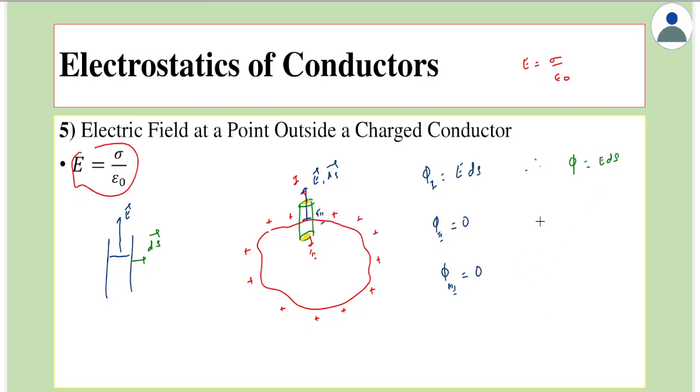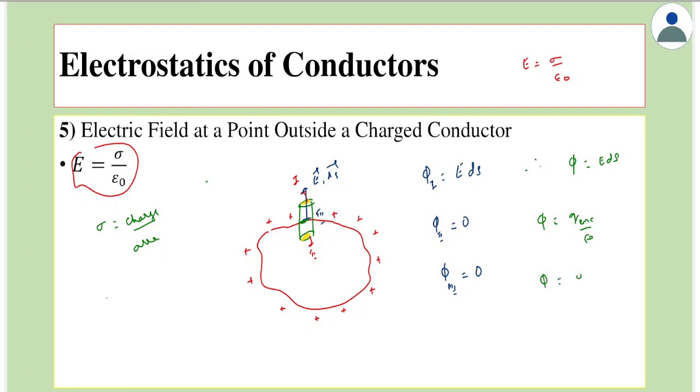But from Gauss law, the flux is equal to charge enclosed by epsilon naught. Here it is the charge on this given circular region. So if we assume that the surface charge density is sigma, then sigma is defined as charge by area. So from this, charge will be sigma into area.